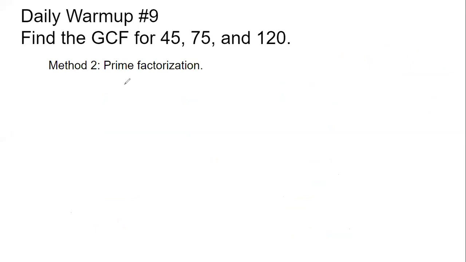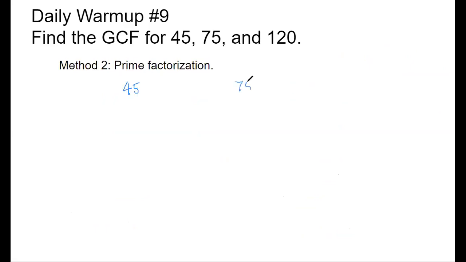I'm going to find the factor tree for all of these. The reason why prime factorization is so powerful is that once you find the prime factors of a number, you can find any other factor because all those other factors are just made up of the same prime factors. Let's see what I'm talking about.